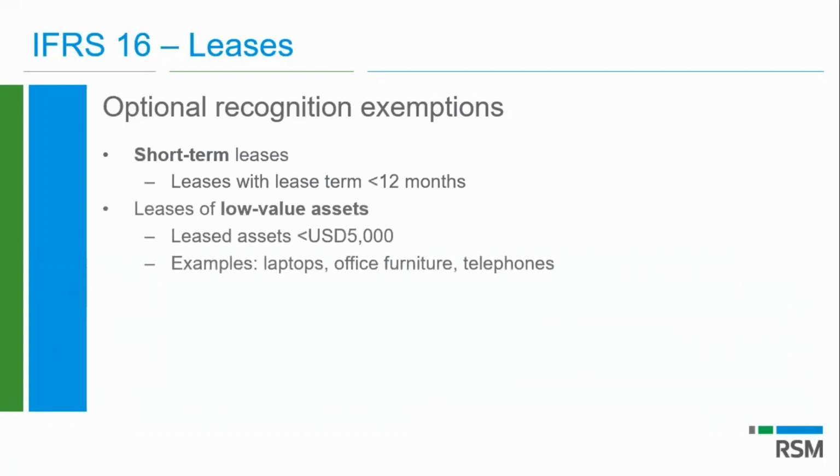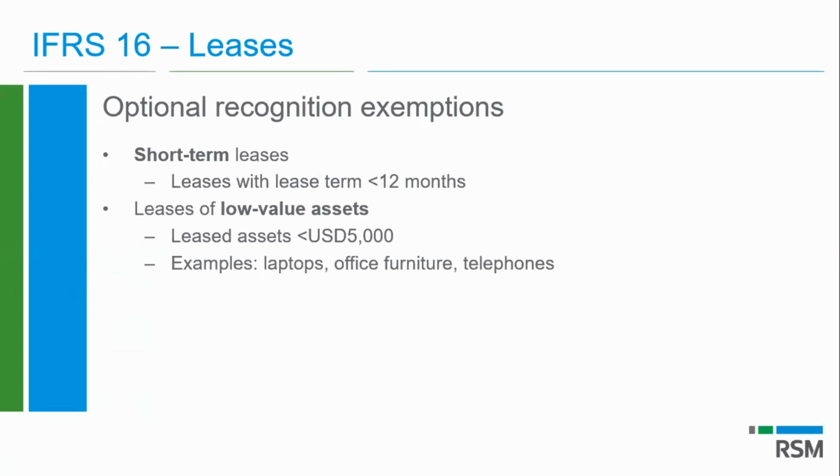Just to be clear, this is a per-asset assessment. You might enter into a lease for 10 desktop printers, and each printer is less than $5,000, which is what you look at, not 10 times that in one asset. So you don't look at the lease value, you look at the per-asset value.